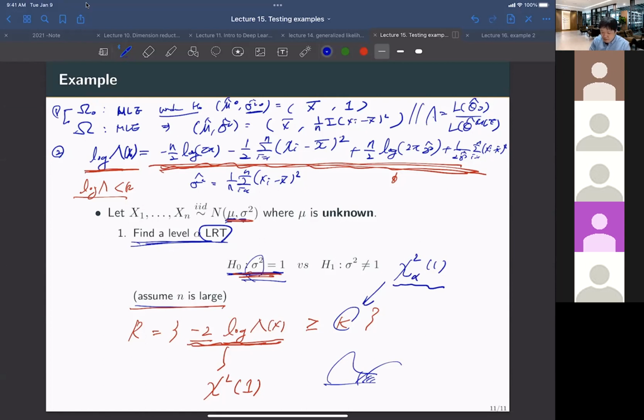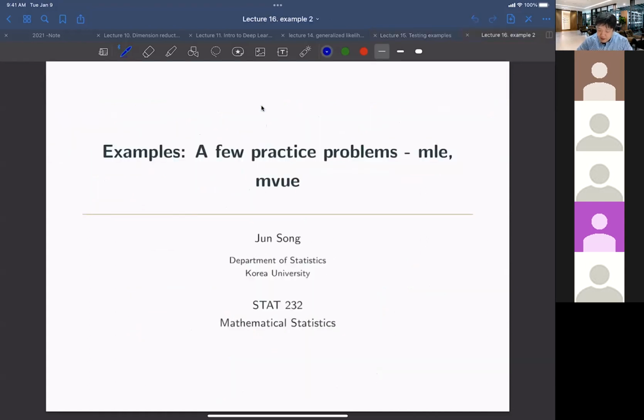It's kind of easier if you can assume that the sample size is large enough, then we can apply the asymptotic distribution of the log likelihood ratio in our test. Okay, any questions? Okay, then let's move to the next example set.